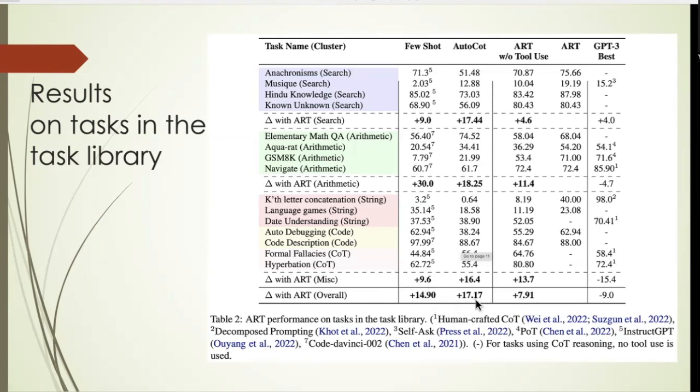And somehow the auto chain of thoughts is not working here. I don't know, at the time of publishing it seems they say they improved the few shot performance, but at least on Big Bench, it seems the auto chain of thoughts is not improving over the few shot here.